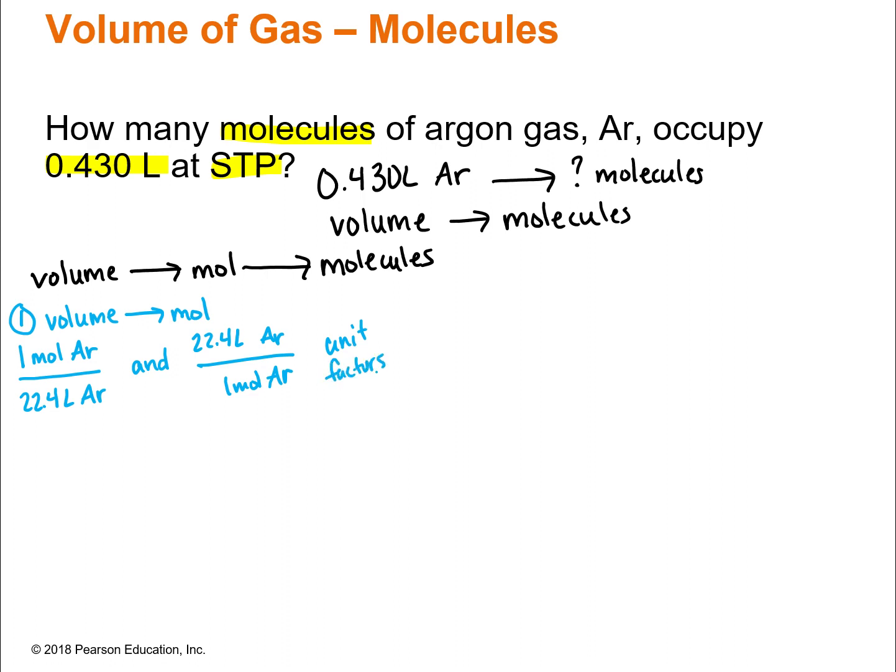These are our unit factors. And that comes from the molar volume. 1 mole of gas has a volume of 22.4 liters at STP. The second step is taking the number of moles and converting to molecules.